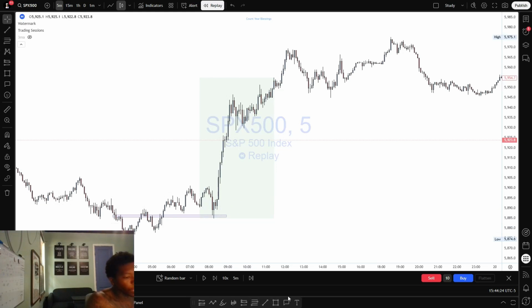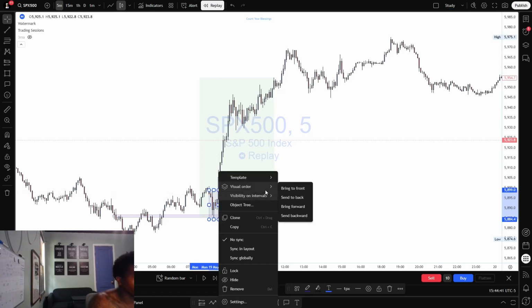We can honestly just go based off the wick, the rejection of it. You know what I'm saying? The wick rejection. Let's go to confirmation.